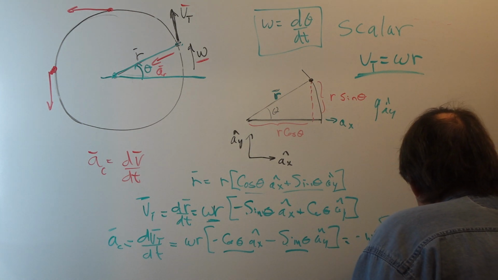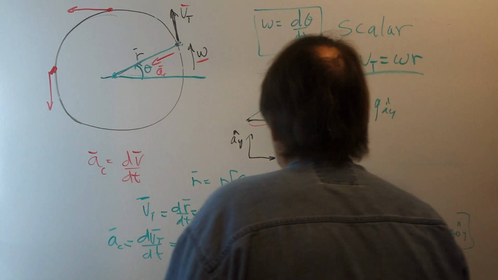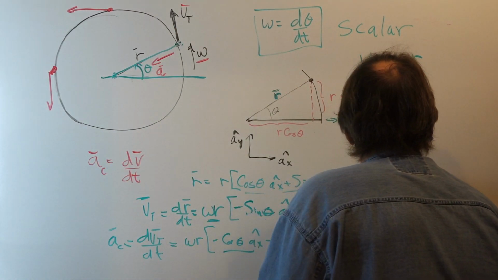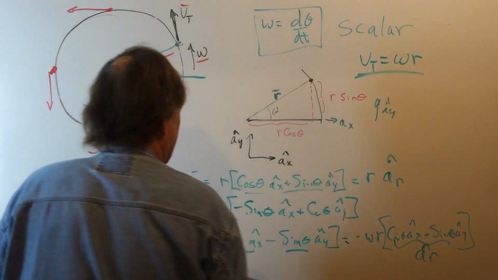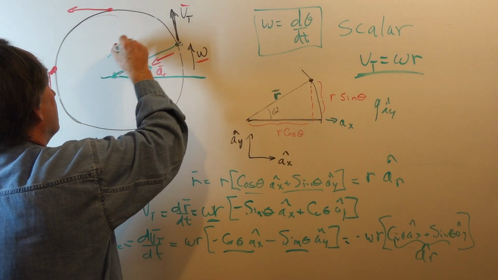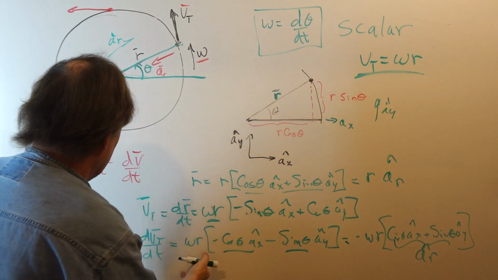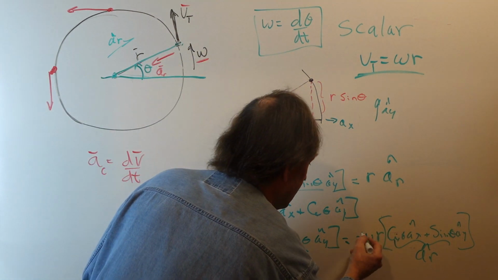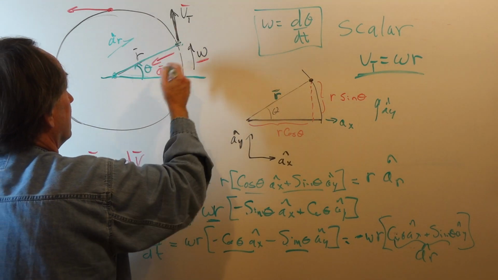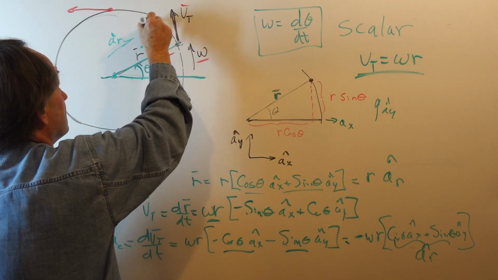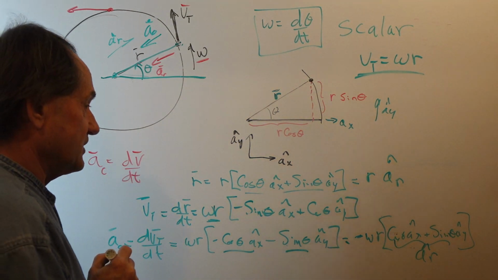And this is a unit vector in the radial direction. And we can write this as r with a unit vector ar directed outward. If our ar vector is this way, as a position vector, then the centripetal acceleration is in the opposite direction. It's directed this way, which I have here. This is the direction of our centripetal acceleration.